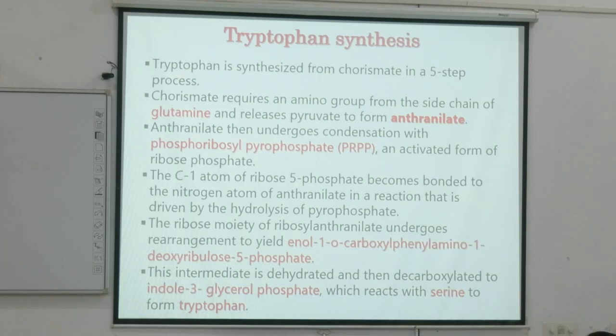This is a more cumbersome part. Tryptophan is synthesized from chorismate in 5 steps. First of all, chorismate gains an amino group from glutamine to form anthranilate.